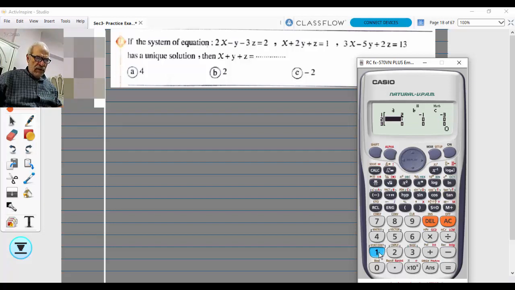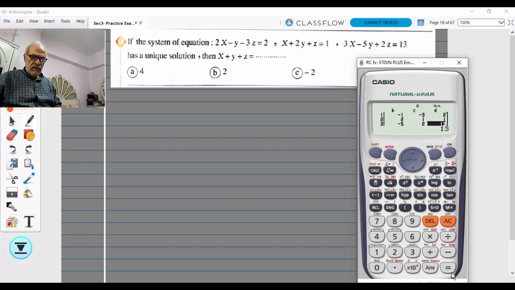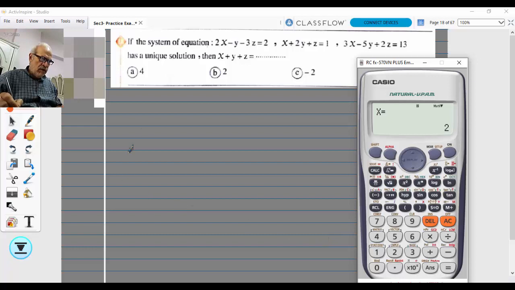Then 1, 2, 1, 1. Equal, x equals 2. We write it.